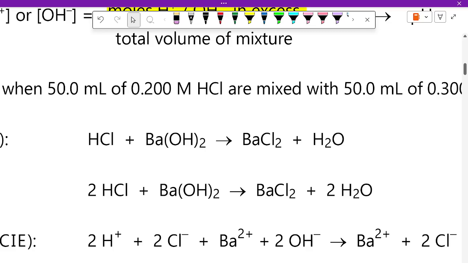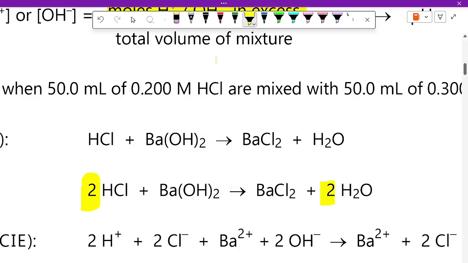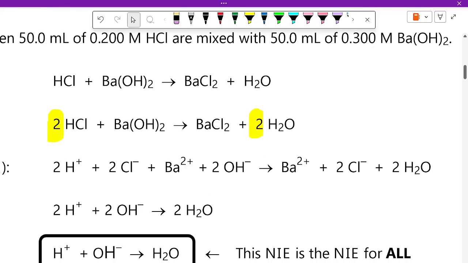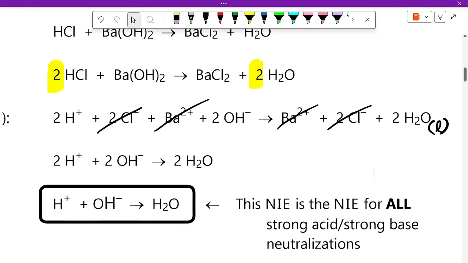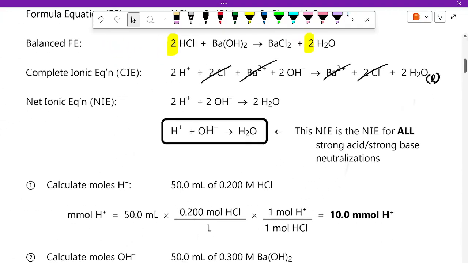We balance it with a 2 here and a 2 here. And then we write the complete ionic equation, split everything up because they're all strong. They all split up into ions except for the water, which is a liquid. And then, of course, our bariums cancel, our chlorides cancel, and we're left with 2H+ plus 2OH- gives 2H2O, and then we simplify it and we get H+ plus OH- gives H2O. This is the net ionic equation for all strong acid, strong base neutralization.